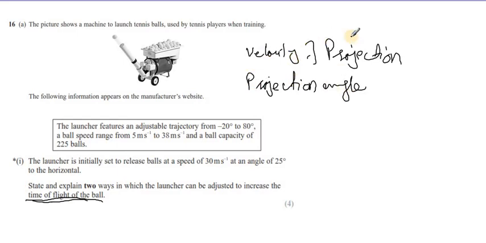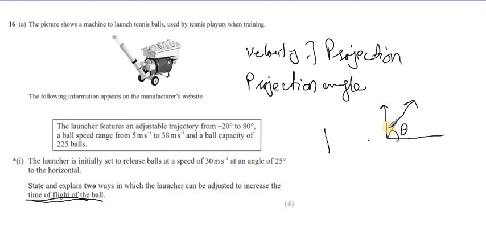And in fact, the time of flight depends on the vertical component. Vertical component means, this is the projection velocity, this is the angle. And if you remember, in projectile we define vertical and horizontal components.